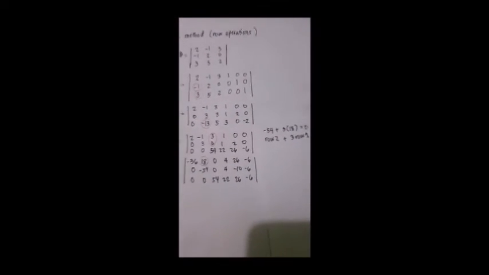So, now, I will have to write all the members of row 2. I have 0, negative 54, 0, 4, negative 10, and negative 6 plus 3 times all the members of row 1.